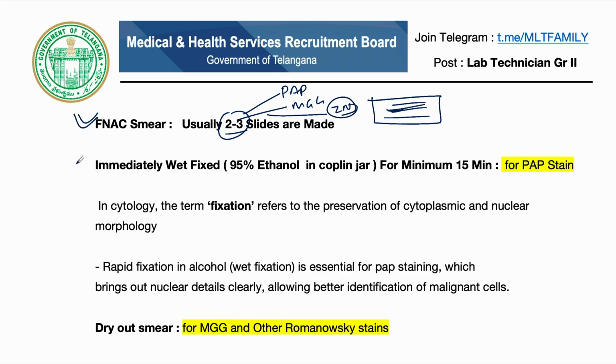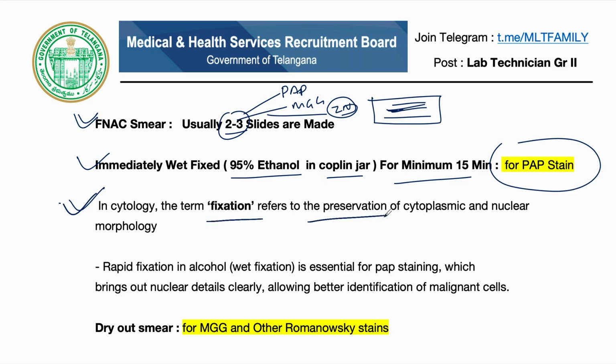There are two kinds of fixation. One is immediate wet fixation in 95% ethyl alcohol or ethanol in a Coplin jar for 15 minutes before we do the Pap stain. In cytology, fixation refers to preservation of the cytoplasmic and nuclear details, or morphology, of the cells.